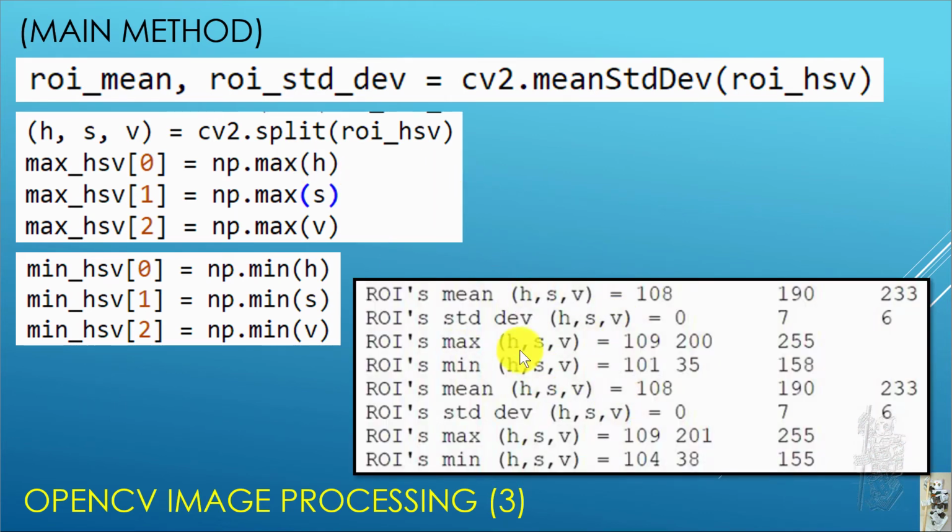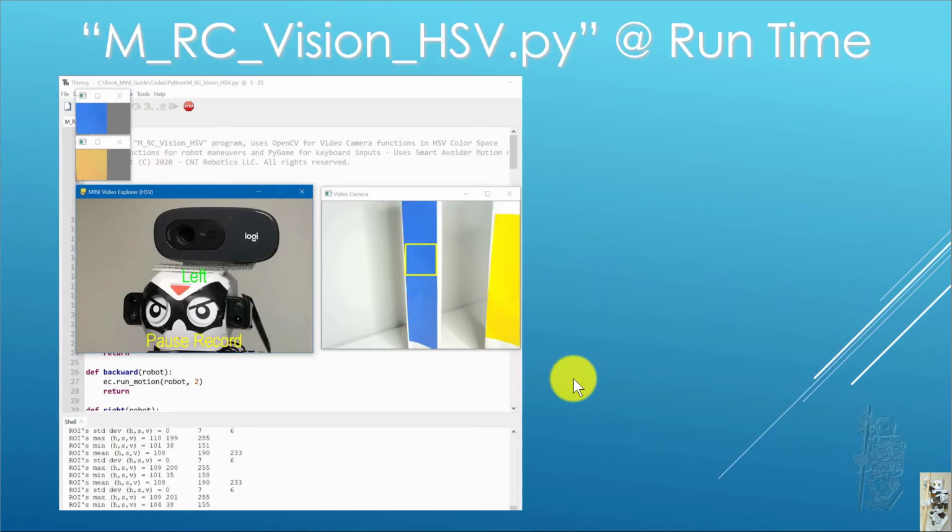So when you run the code, you can see these numbers being displayed, live display. When you start out, you can see the ROI BGR, ROI HSV, and the bundle of data being scrolled down here all the time.